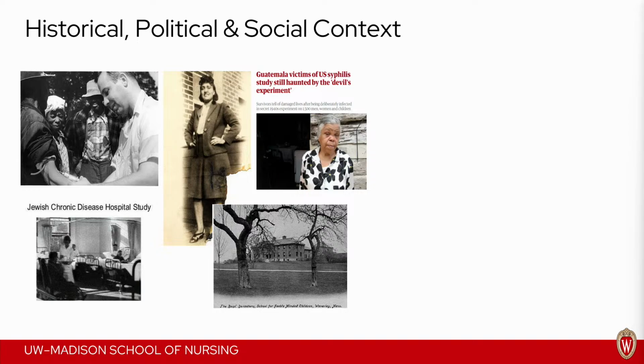But it's not only immigrants or racial and ethnic groups. We also have this picture down the bottom of the school building. It's the Fernald School in Massachusetts in the 40s.